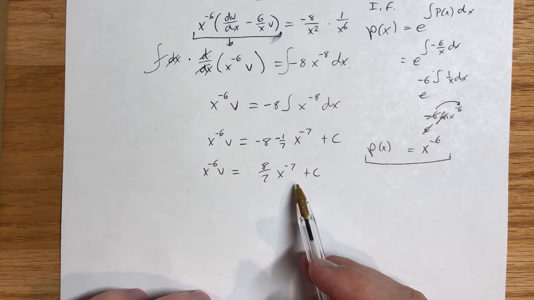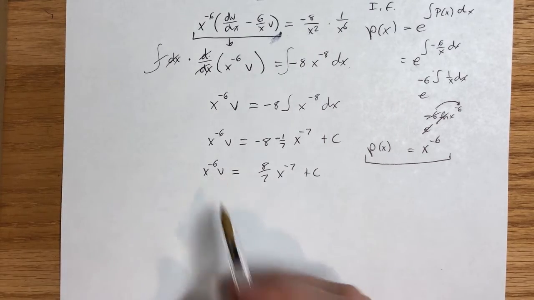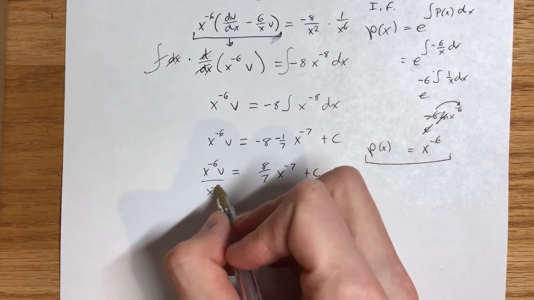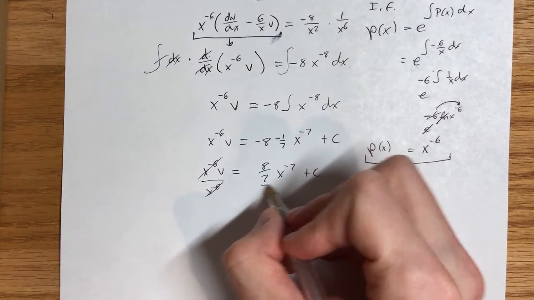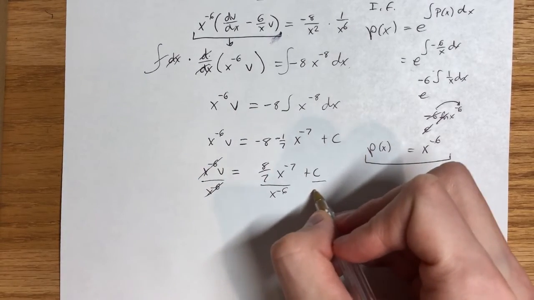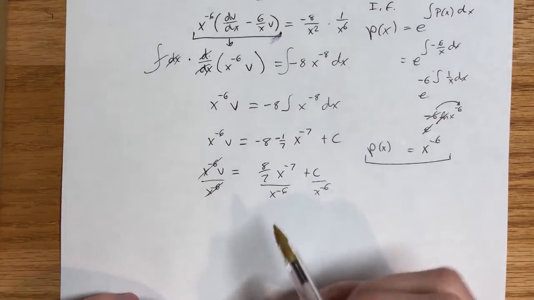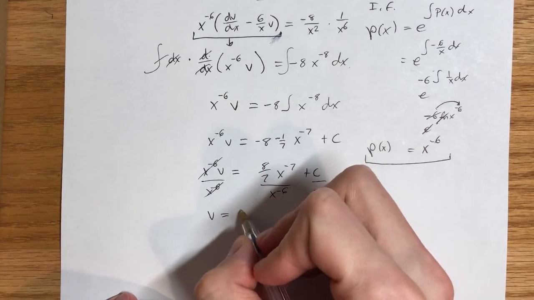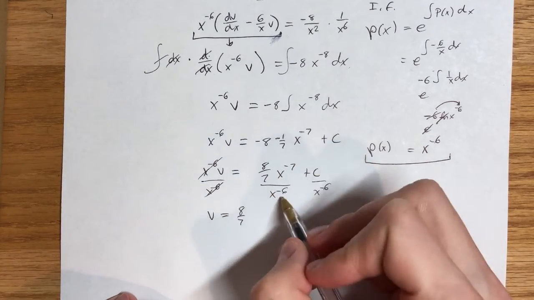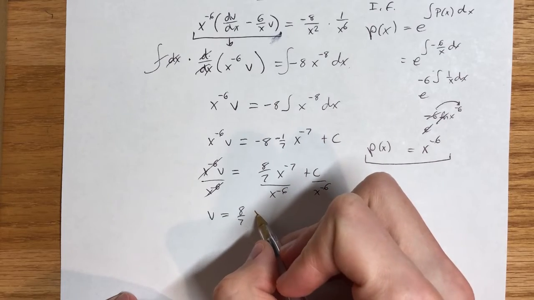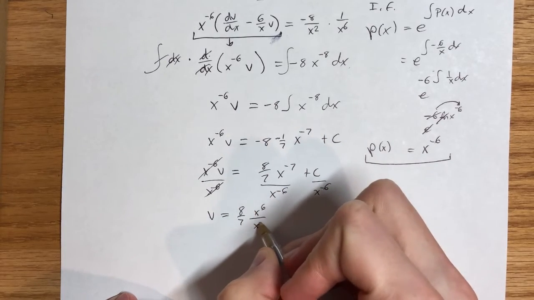Then once we have that, I want to simplify this and get v by itself, so I'm going to divide by x to the negative 6. So divide by x to the negative 6, divide by x to the negative 6. And then we have v is equal to, let's do 8 over 7. I'm going to reciprocate these, so it'll just be x to the 6th over x to the 7th.